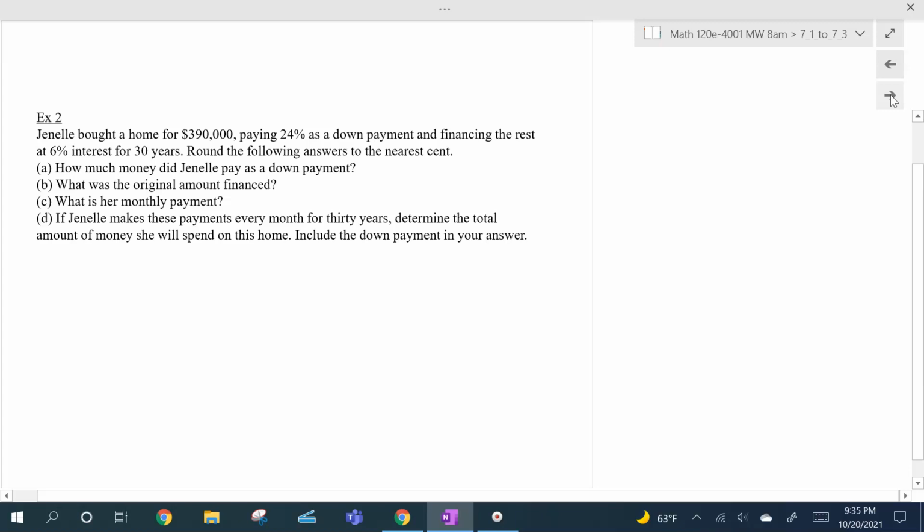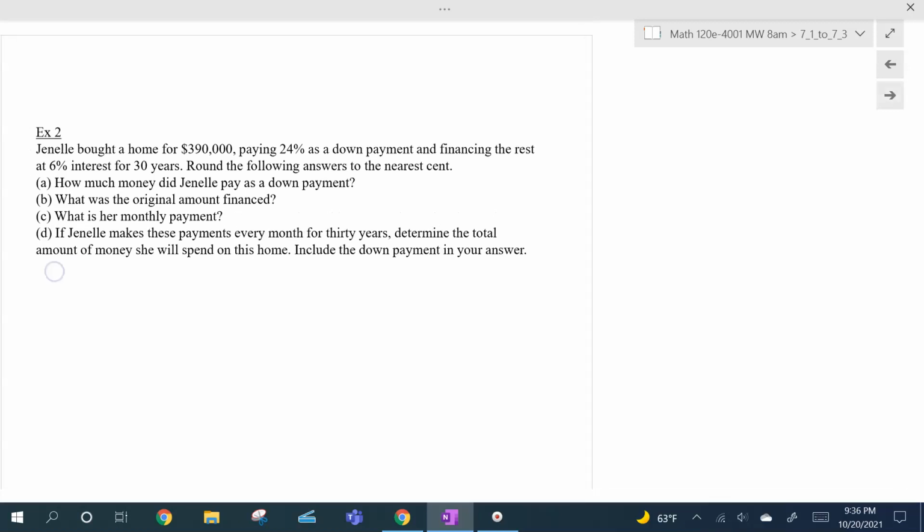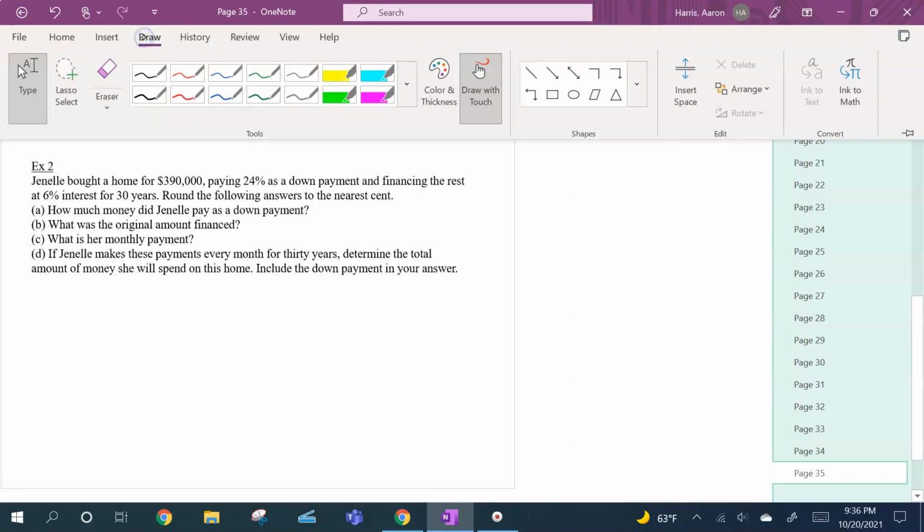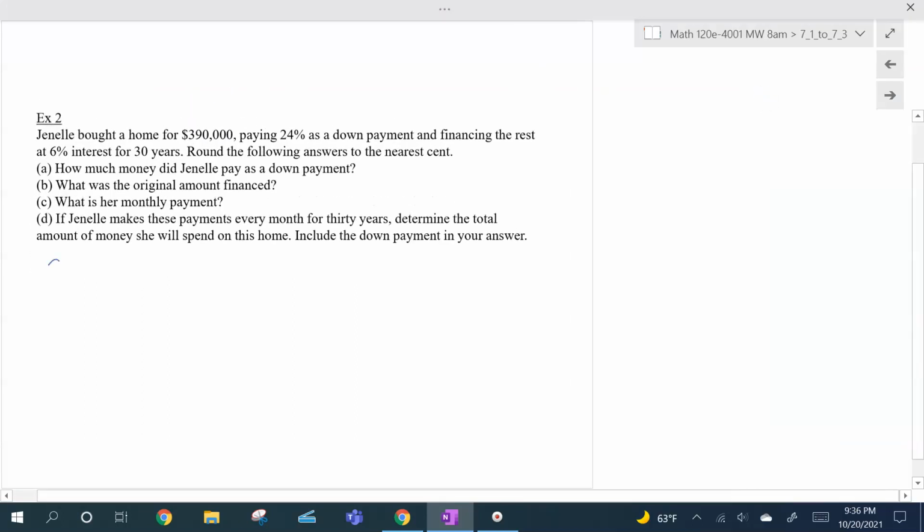Alright, so Janelle is buying a home for $390,000, paying a 24% down payment, financing the rest at 6% for 30 years. Let's go ahead and, number one, part A, find out how much she put down as a down payment.